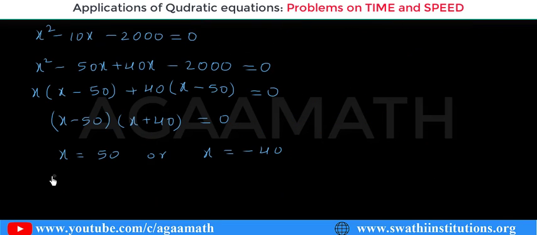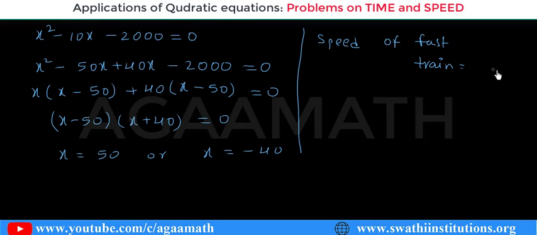In that case, according to this, here I can write speed of fast train equals 50 kilometers per hour, and the slow train equals 50 minus 10, that is x minus 10, that is 40 kilometers per hour. So here these are the speeds of the two trains.